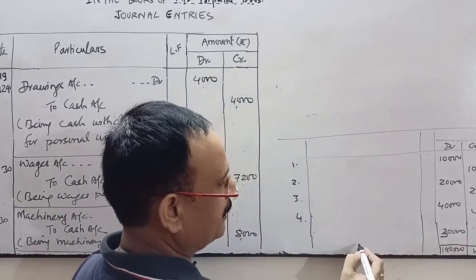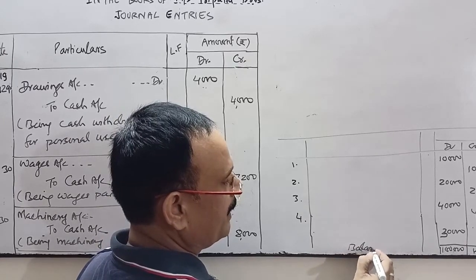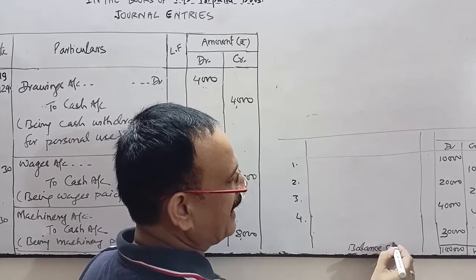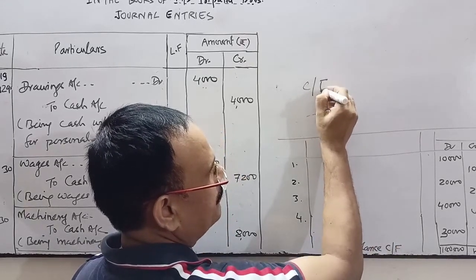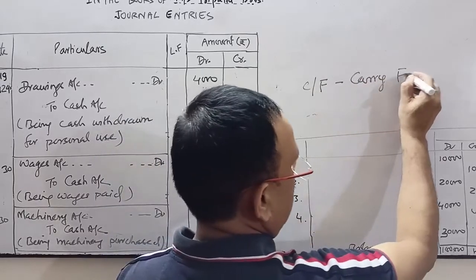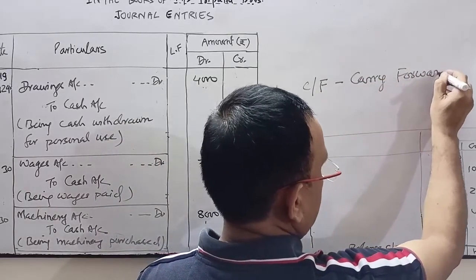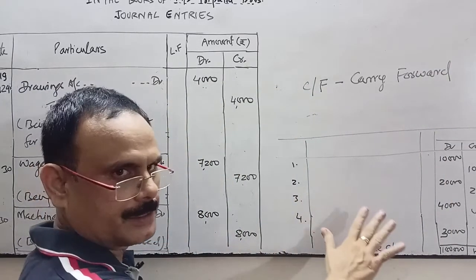Okay, and here you write balance. In particular you write balance carry forward, CF. CF means carry forward, from one page.